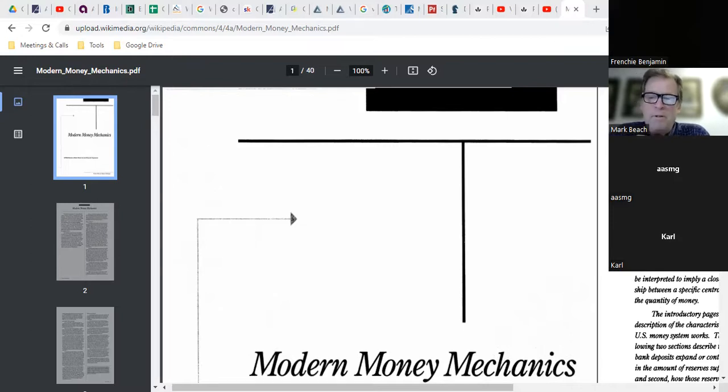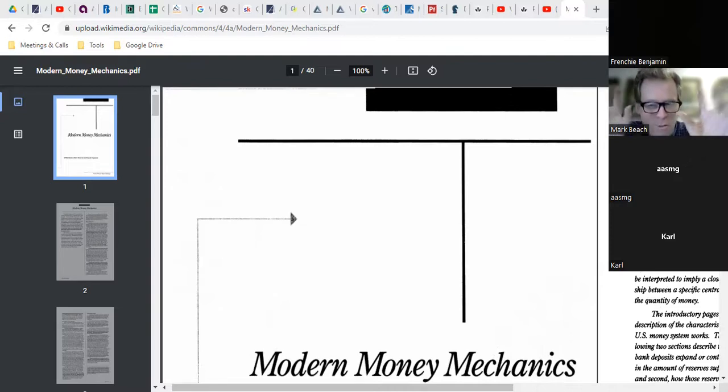And a lot of people, either unwittingly or deliberately, depending on who you are, misdefine inflation. They try to attribute inflation to things that have no control over inflation.